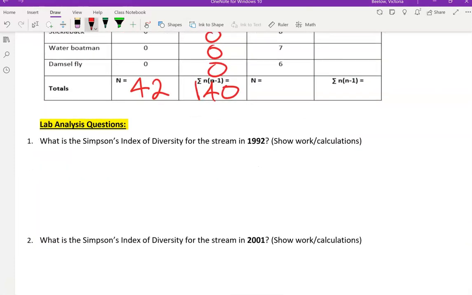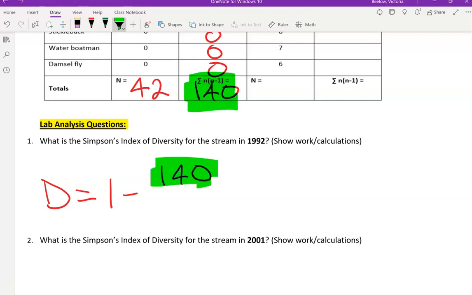So down here in this space, we're going to show our work for that. So D, Simpson's diversity index, equals 1 minus. On the top, it's the summation, which we already did that calculation for. That was 140, divided by this value that we did not calculate yet.